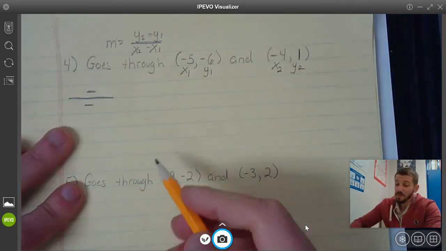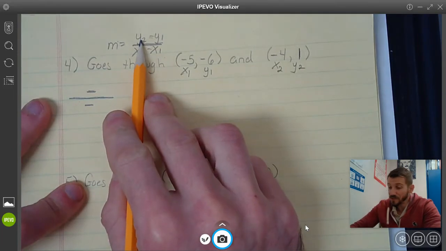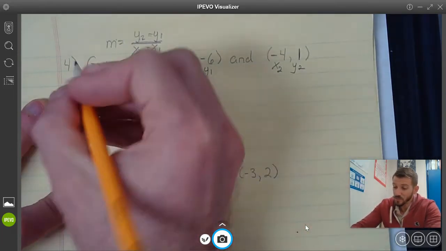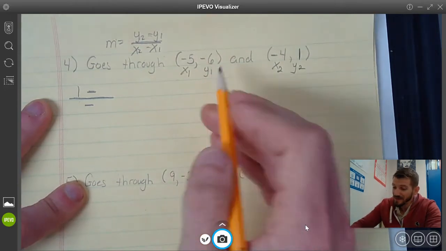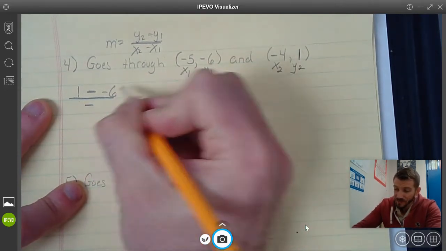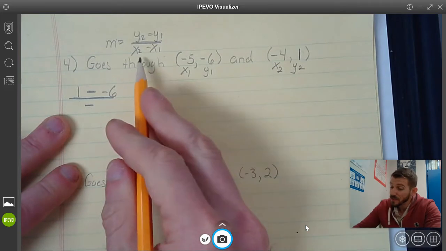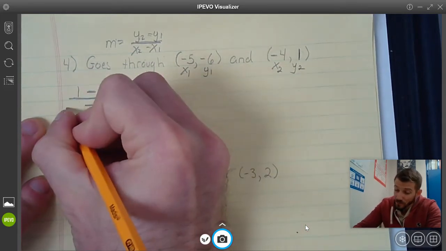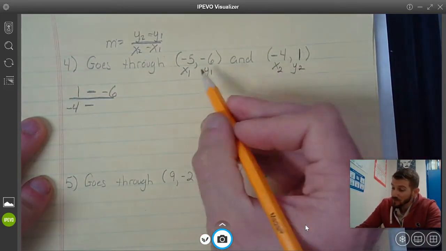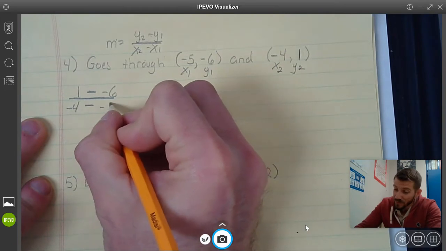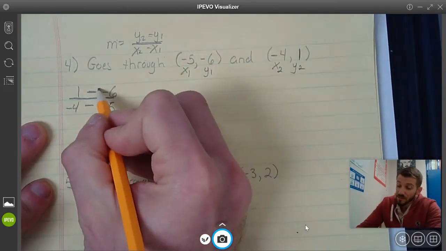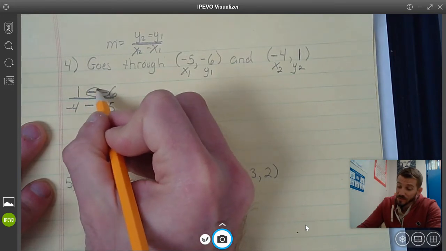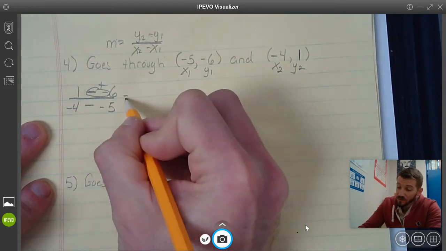Okay, plug in stuff. Y2, where is that? Well, that's right here. It's 1. Y1, that is -6. That's a double negative. X2 is -4. And x1 is -5. So they both have double negatives. So this becomes 1 plus 6, which we should know is 7.